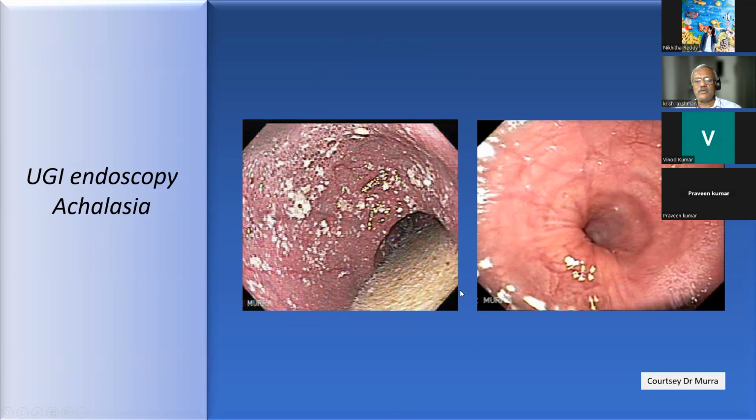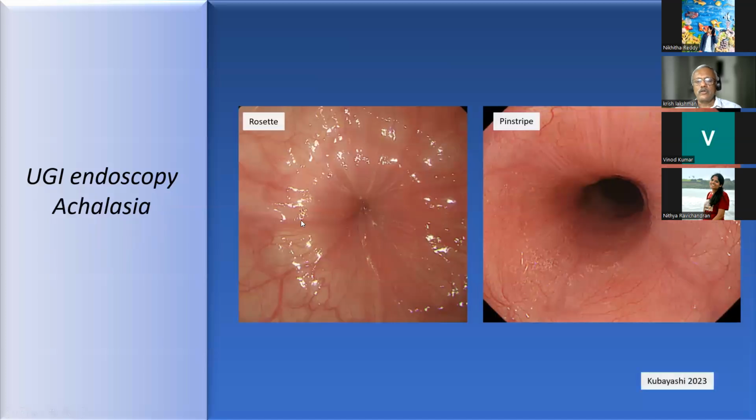Okay. So this is a typical feature, how the food is, the esophagus is looking like a stomach, for example. And there's food holdup, and the OG junction per se is smooth. There is nothing wrong. There are a few endoscopic signs that have been described. But the common ones are these two. A rosette formation. You can see the OG junction where these kinds of furrowed lines coming through are called a rosette formation.